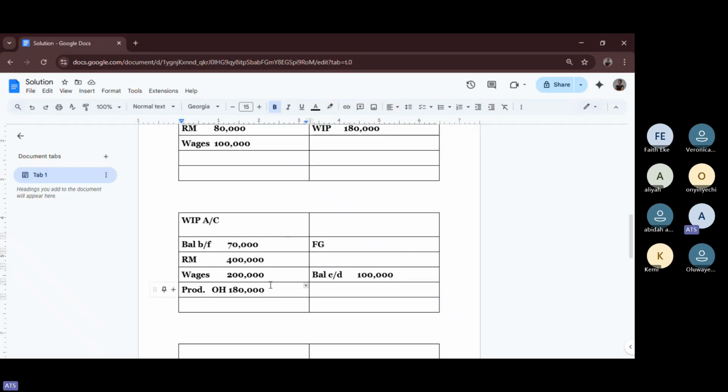So add 180,000 to this was 670,000. How much would that be? 850. What did you say? 850,000. Okay. Yes. So 850,000 closing. So this is going to be 70,000, right? 750. 750, sorry. 750,000.